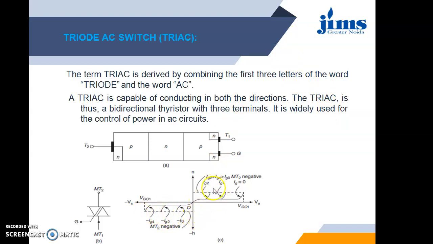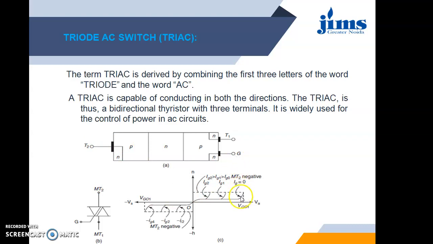So here we have got the VI characteristic of the Triac, and it is similar to the previous one which we talked about in SCR: if Ig equal to 0, if the gate control current is 0, the maximum voltage is required between the anode and cathode, which is positive to negative.